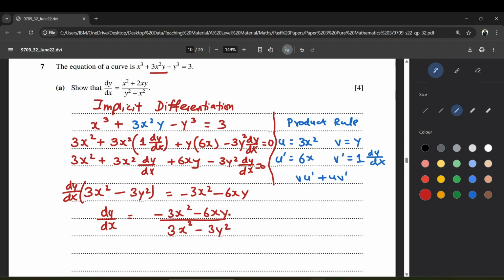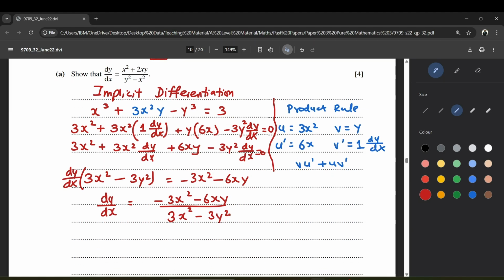Now here what we can do is take minus 3 common. So I can say minus 3, and we have x squared plus 2xy. Now you have to bring your answer into this form, so you have to constantly check whether you are getting closer to the required form. After I have taken minus 3 common, yes, now I am getting closer to this form.